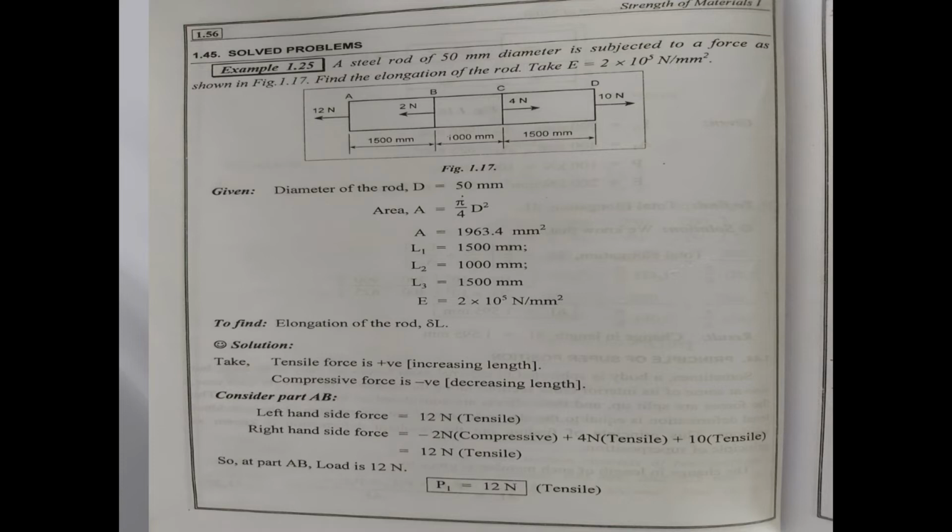On the right hand side there are three forces. First take 2 Newton. It is a compressive load, so minus 2 Newton. Then next take the 4 Newton. It is a tensile load, so plus 4 Newton. Next 10 Newton. It is also a tensile load, so plus 10 Newton. Then minus 2 plus 4 plus 10 Newton equals 12 Newton. So for section 1, that means section AB, the load acting is 12 Newton. It is a tensile load.